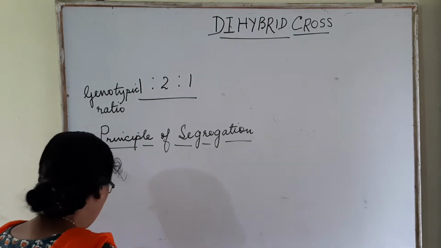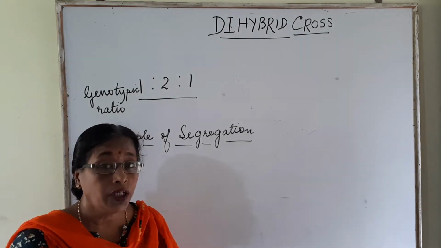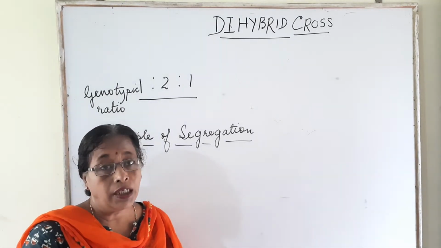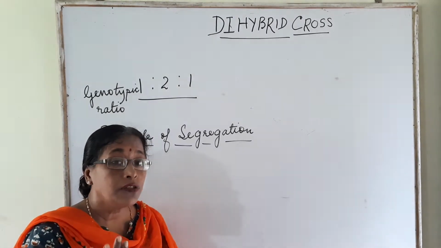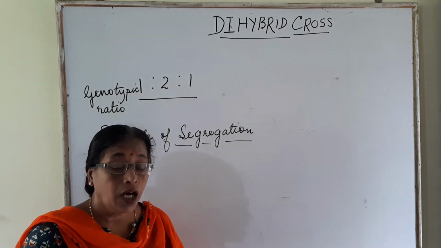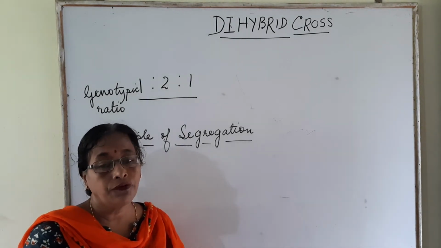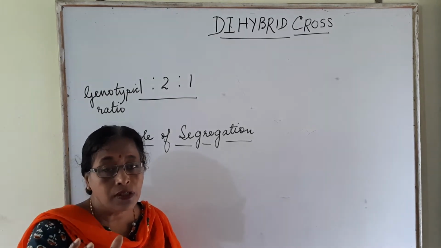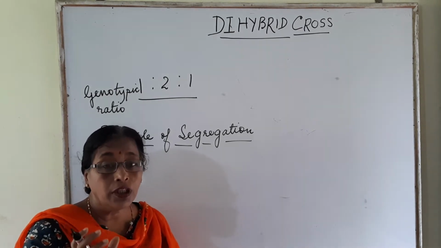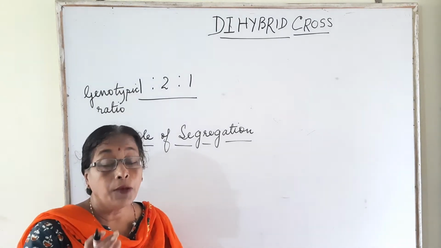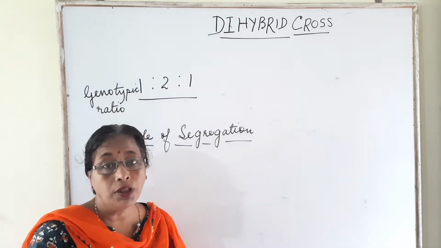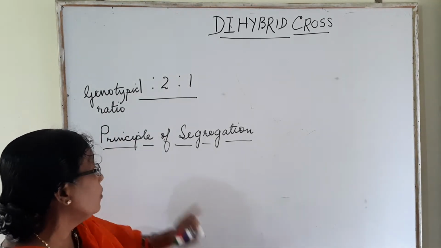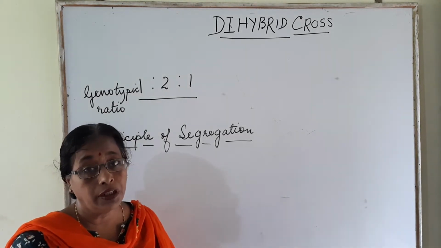It states that in a heterozygous condition, one of the allele pair which disappeared in F1 generation appeared in pure form in F2 generation. So the recessive character which did not appear in F1 appeared in pure form in the F2 generation.